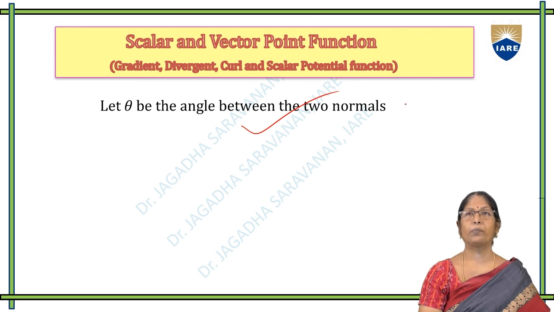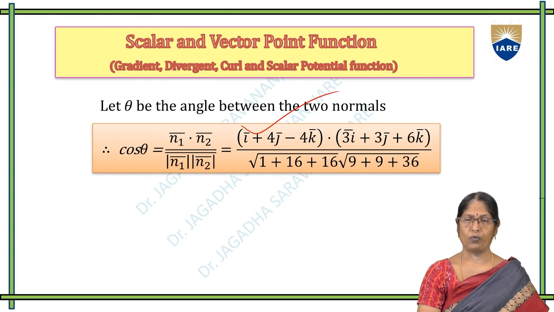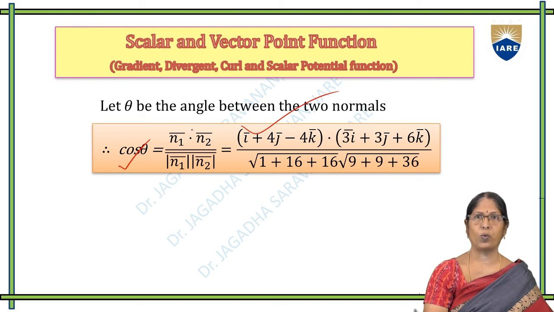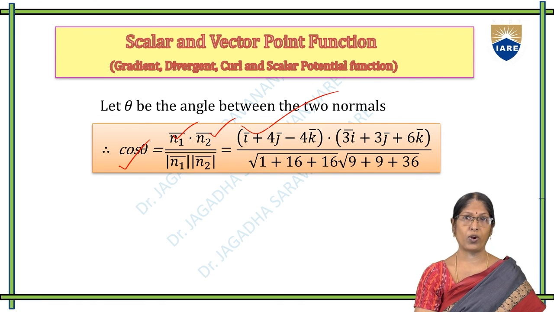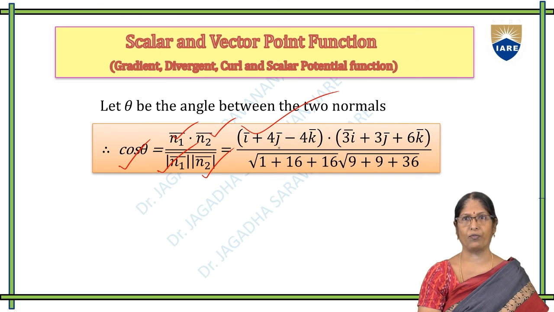Let theta be the angle between the two normals. The formula for the angle between the two normals is cos theta equals n1 vector dot n2 vector divided by modulus of n1 into modulus of n2.